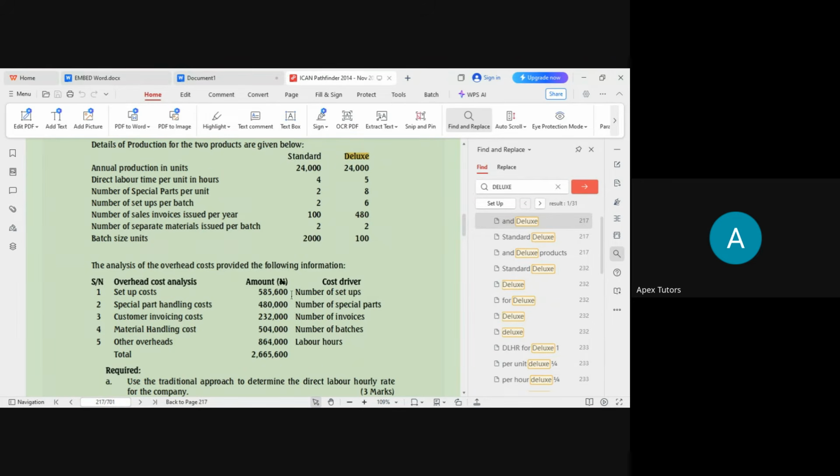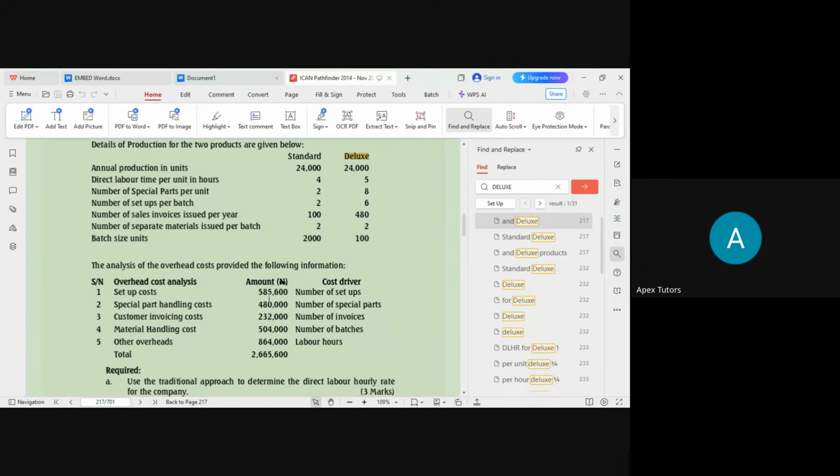So for you to know the cost driver rate per setup, what will you do?